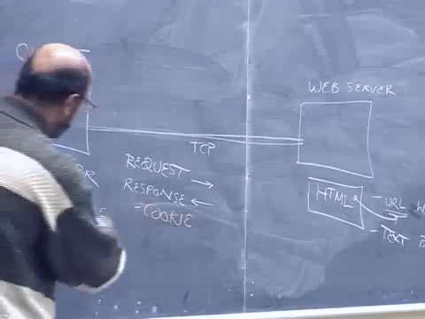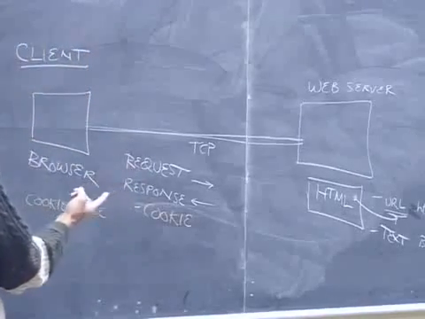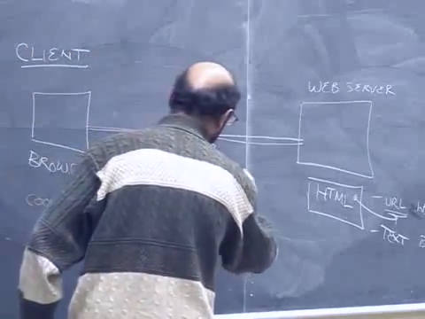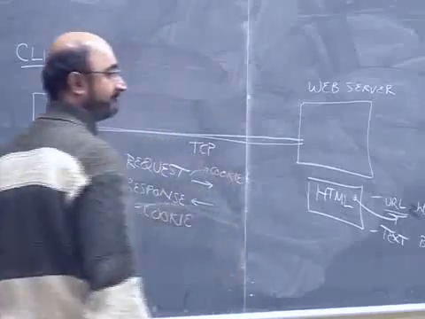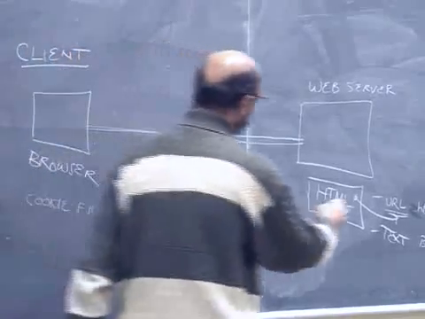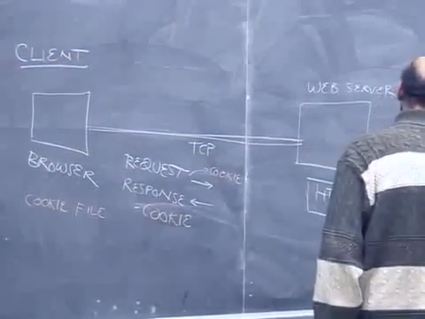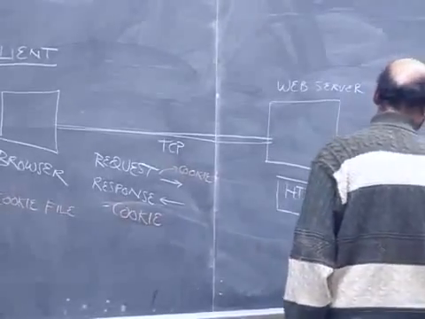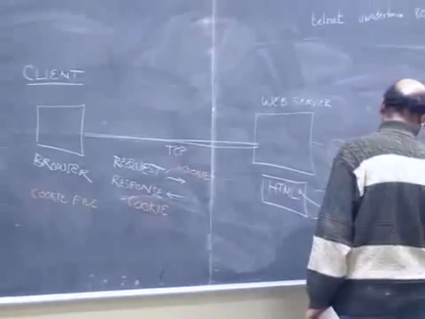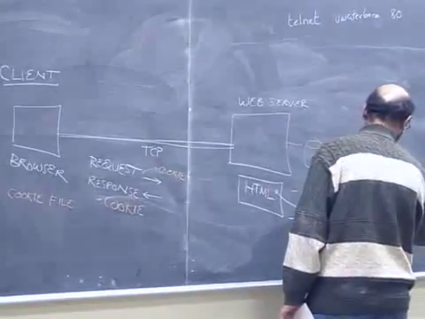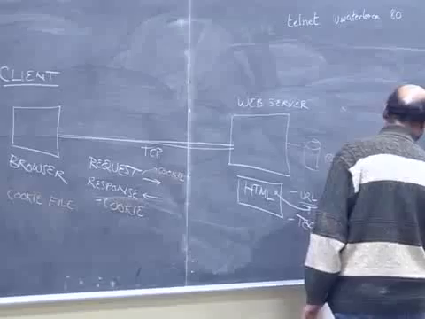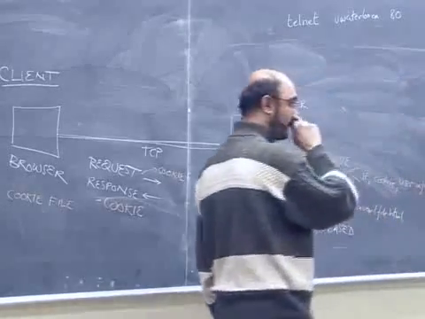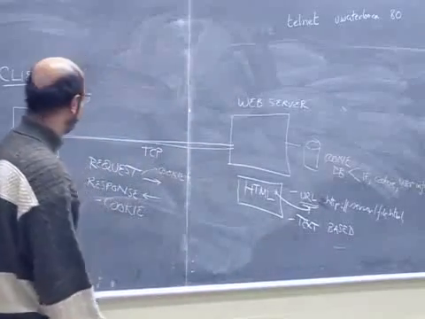The next time it makes a request to the same destination, so next time you go to Amazon, it will send a request and it will send the old cookie back that it had. And what the web server does is it has a cookie database, which has IP address and then cookie and then the user information: what you bought, your account number, anything they want to know about you.